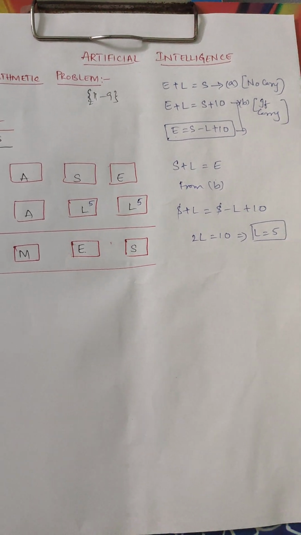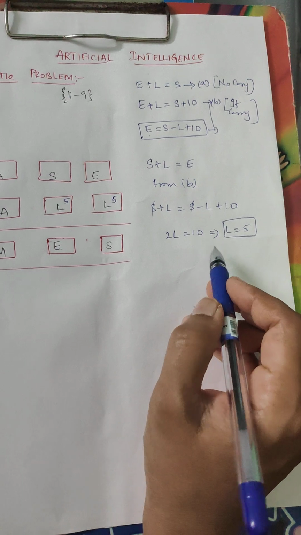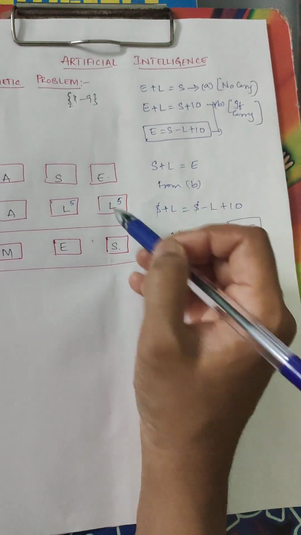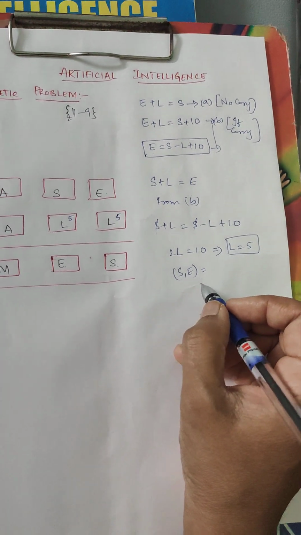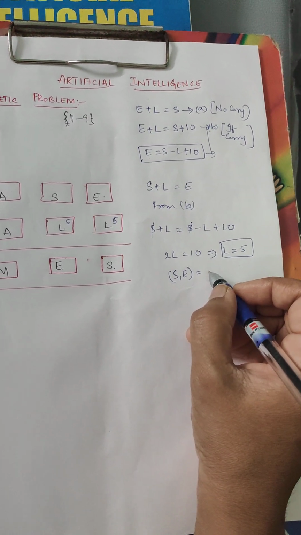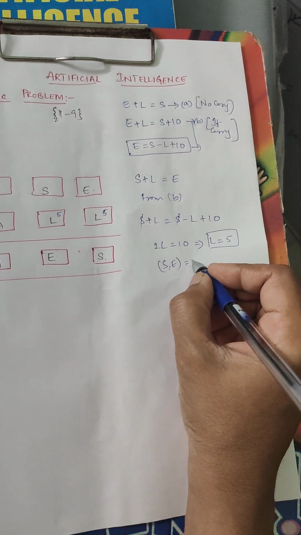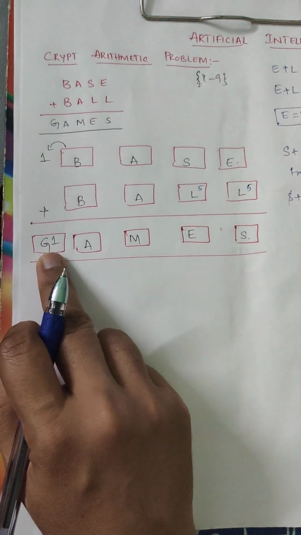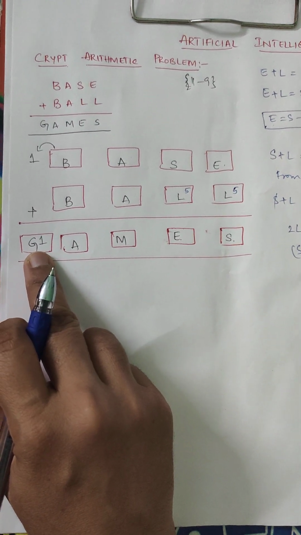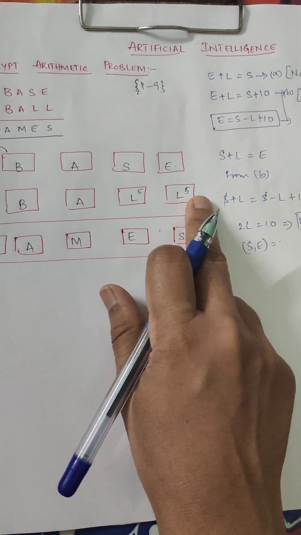Right. Now, since we got the value of L, we will be able to get the values of S comma E. What can be the combination of S comma E such that we will generate a carry there? The other combinations: 1 can't be there because 1 is already given to G, and 5 is already allotted to this.